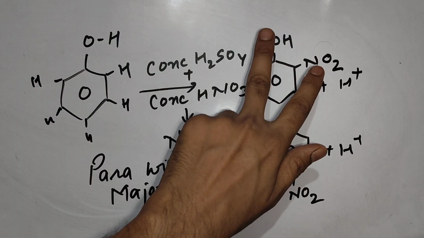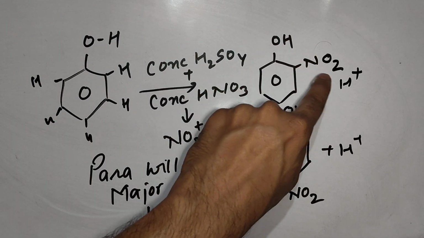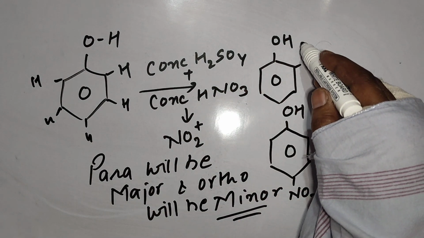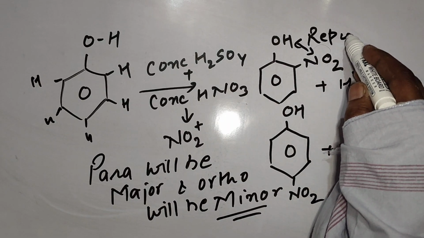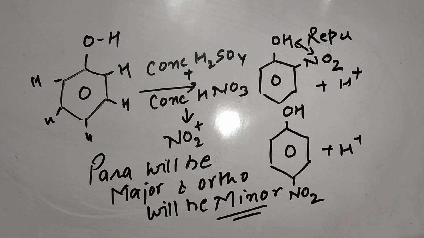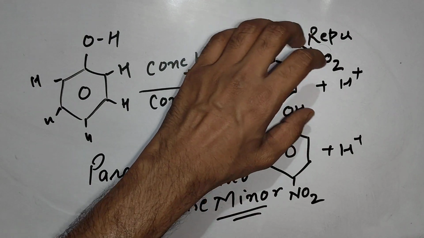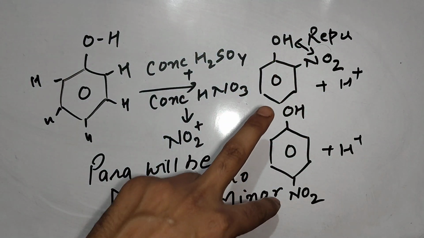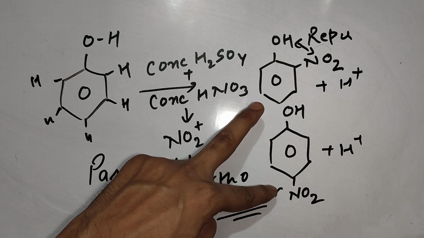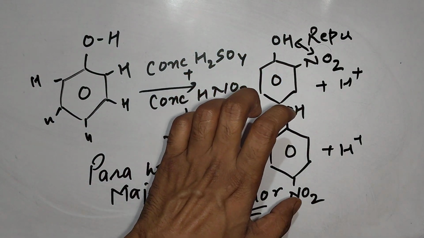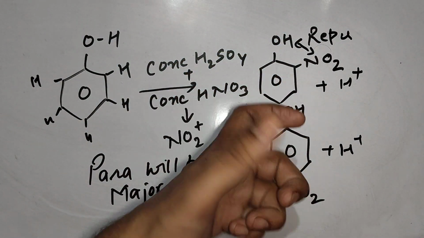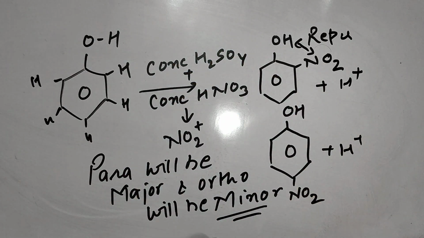The reason is that in the ortho case you can check the groups are very close to each other, due to which these groups will feel repulsion, which we call steric hindrance. Due to steric hindrance, the molecule will become unstable. But here the two groups are far away from each other. Repulsion problem, meaning steric hindrance problem, will not be there. That's why this product will be in higher amount as compared to this product.